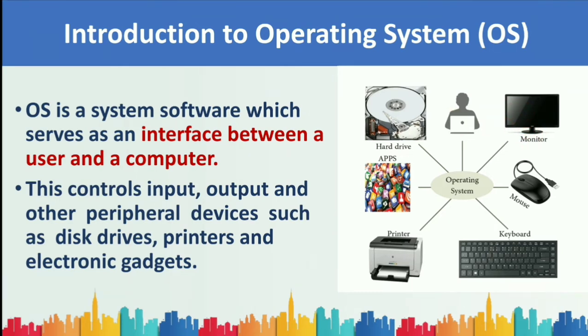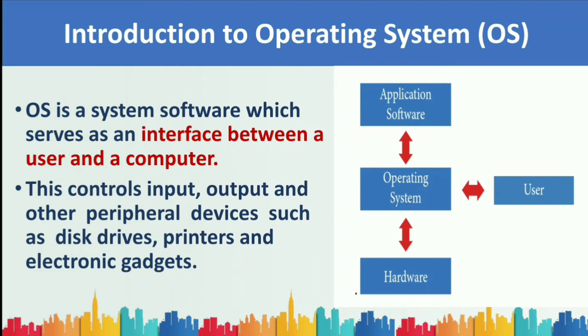Now let us see the interaction of operating system and user. Here, the operating system actually works as a translator. And it manages all the software and the hardware. So let's see how it works. The user will give the request to the operating system. The operating system will translate the request into machine language so that the hardware can understand it.